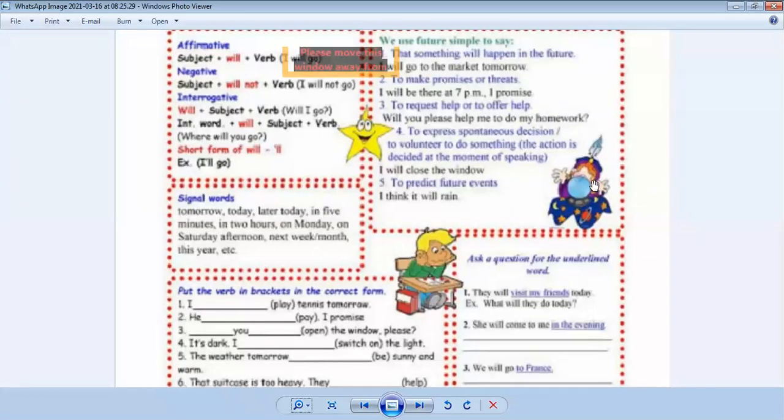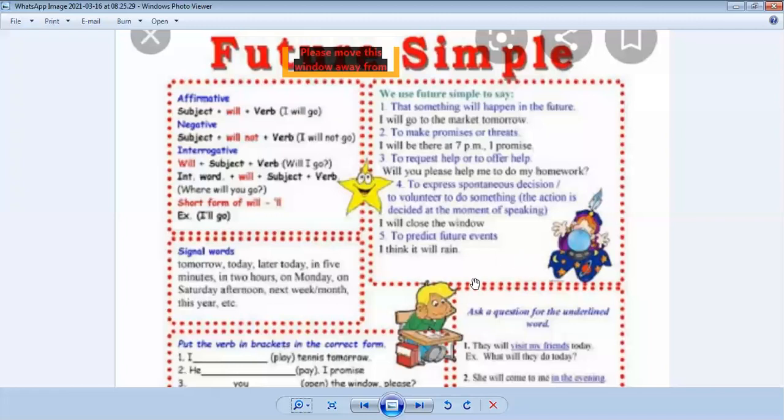The negative form is subject plus will not, or won't, plus the infinitive form. For the question, we use will, then subject, then the verb in the infinitive form. So, if I find any of these keywords, tomorrow, today, later, I'm going to use the future simple tense. That means I will use will plus the verb.